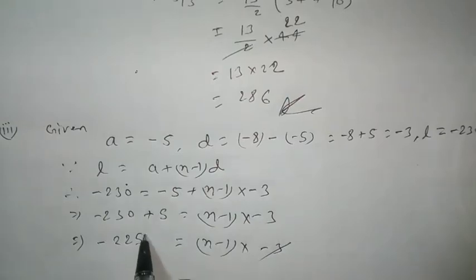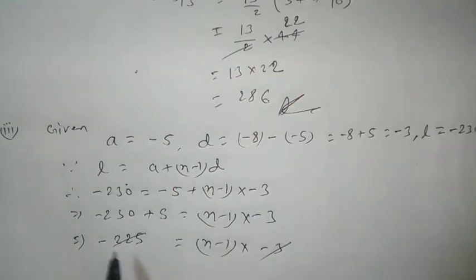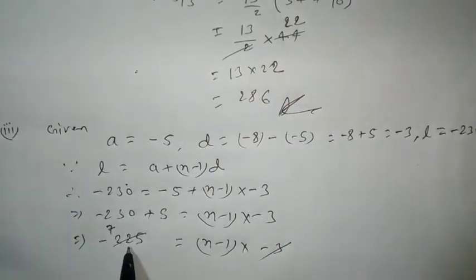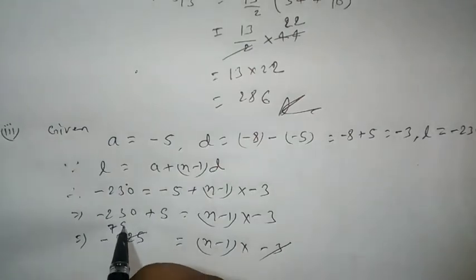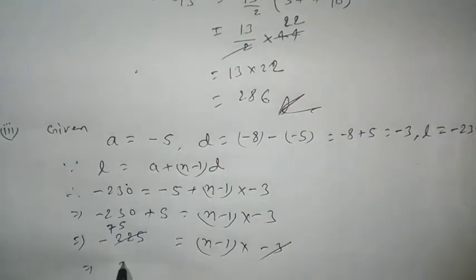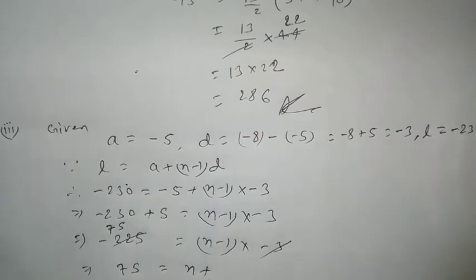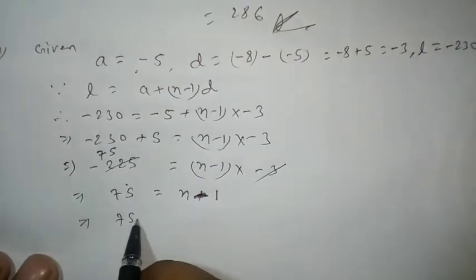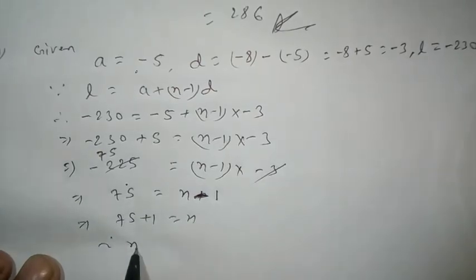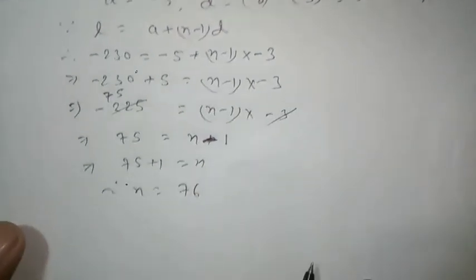Now divide 225 by 3, then 3 7 are 21, 3 5 are 15, minus minus cancel, implies 75 is equal to n minus 1, implies 75 plus 1 is equal to n, therefore n is equal to 76.